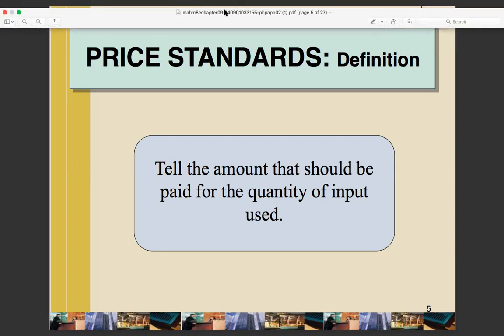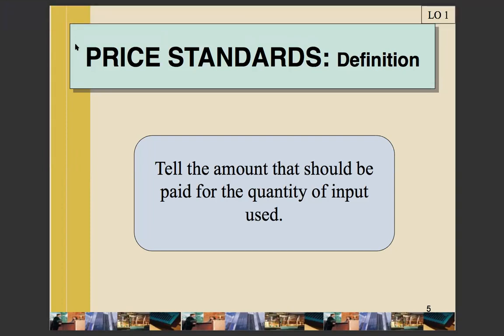So I'm just going to try to annotate here. The illustration before said that the quantity standard of the fructose is around 5 ounces, right?